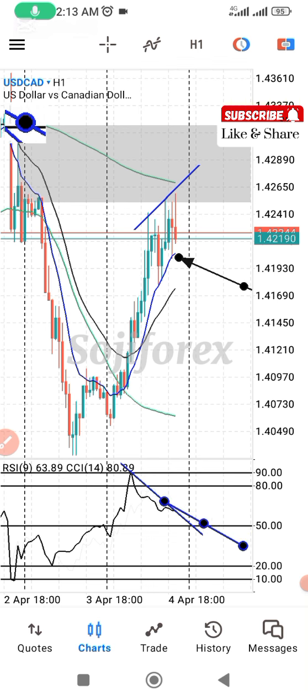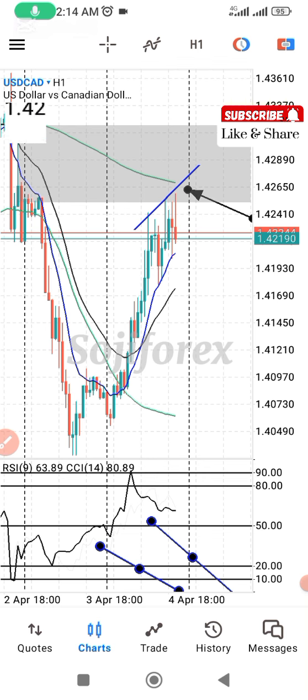Price is rejecting from the upper side of the RSI, but considering where this price is, for us to make this entry, we are going to be patient enough to wait for this RSI line to cross the 50 zone. Be patient for it to cross the 50 zone before you make your entry.